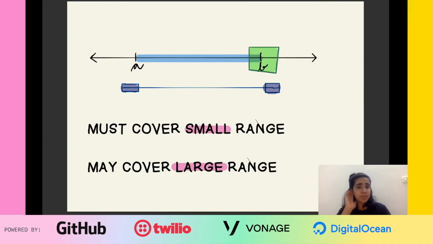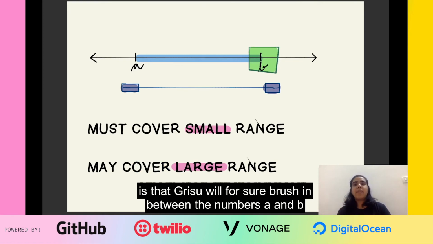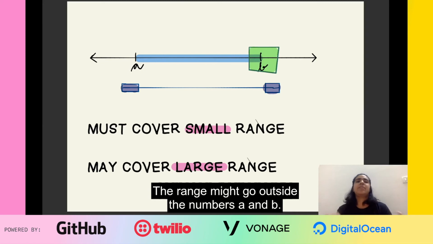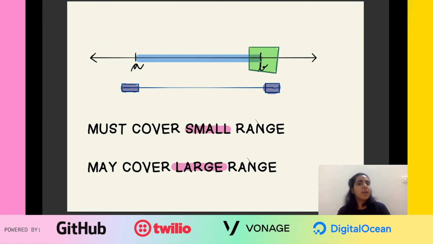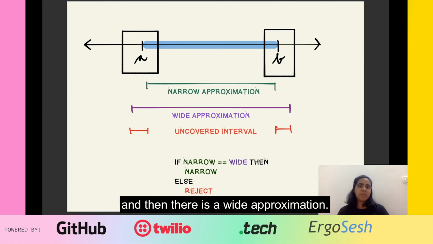So what happens with the sweeping of the brush is that Grisu will for sure brush in between the numbers A and B, but it might go outside the numbers. The range might go outside the numbers A and B. So one thing Grisu does is it does the narrow approximation, and then there's a wide approximation.